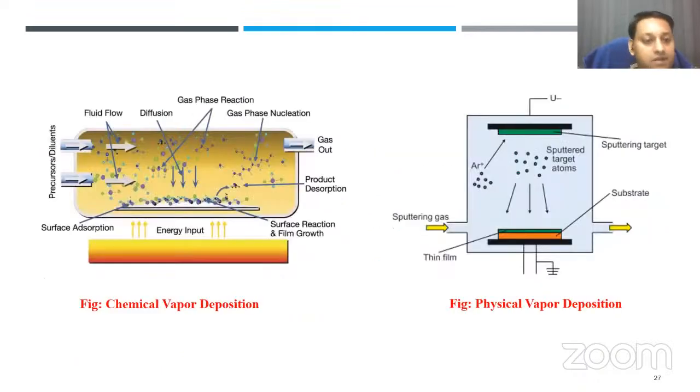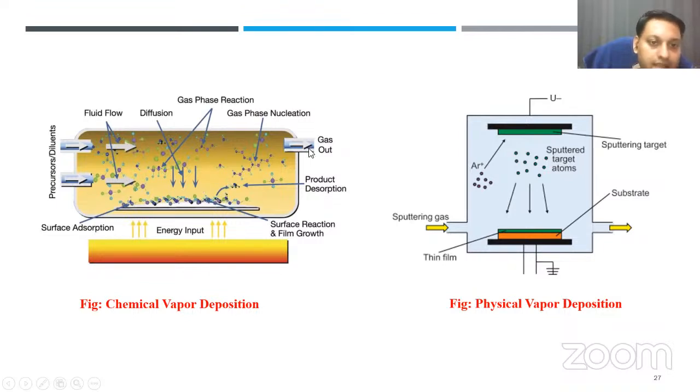I think we have a picture for a better depiction of the phenomenon. So we have this chamber. The substrate is placed at the bottom, and this chamber is exposed to different inlet gases and outlet gases, and the chamber contains all the reactions that happen.